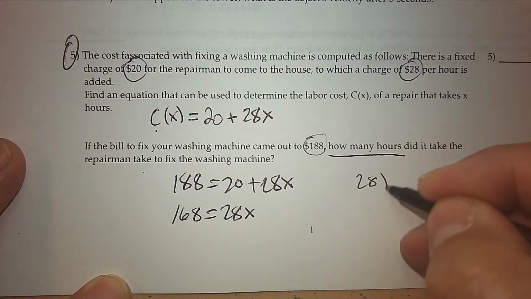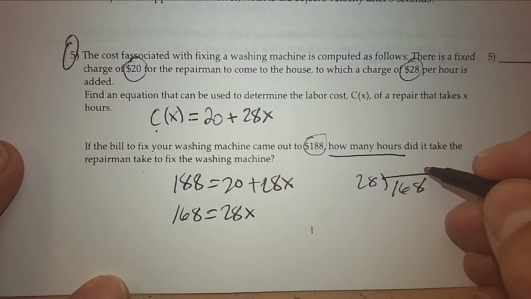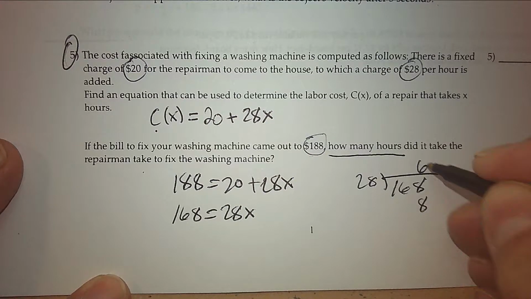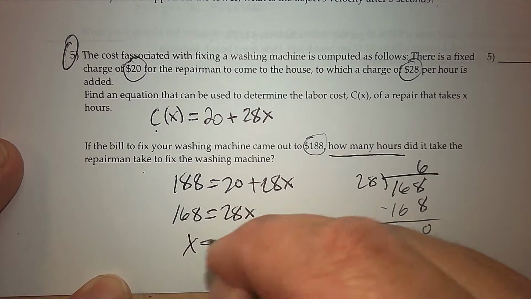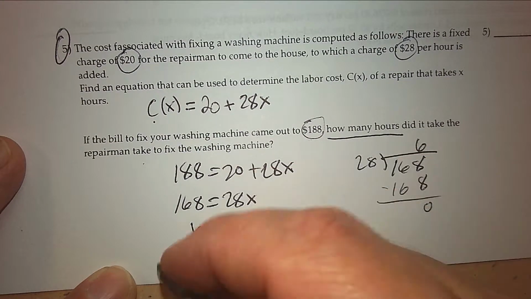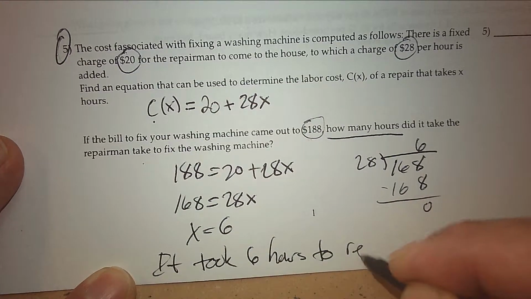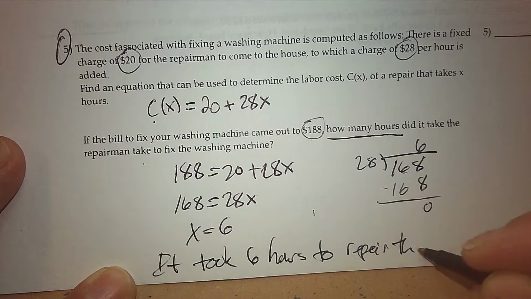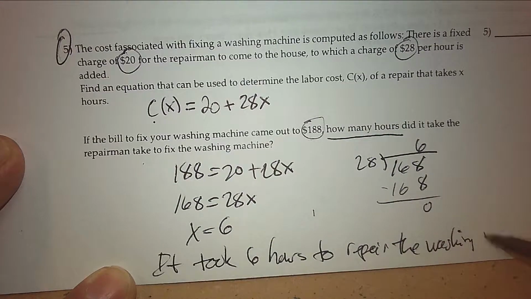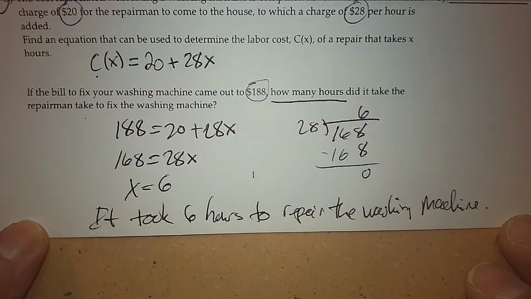Does 28 go into 168 evenly? Yep. So how many hours is that? The question is, how many hours did it take to repair it? It took 6 hours to repair the washing machine. All right, turn the page when you're ready.